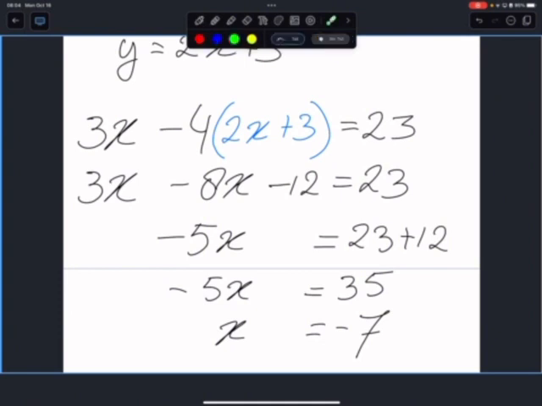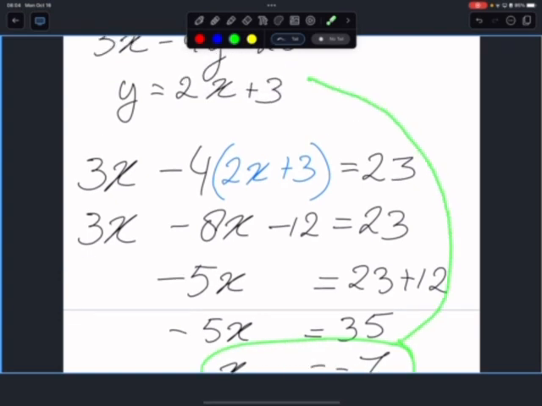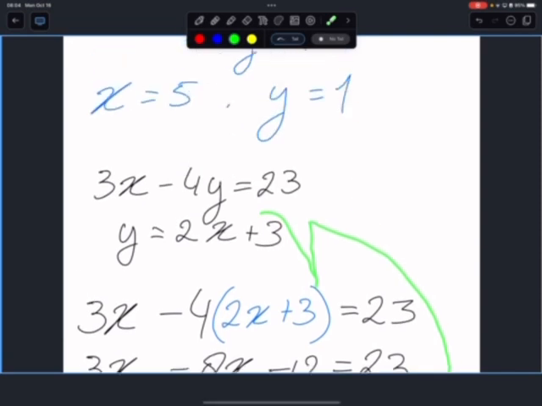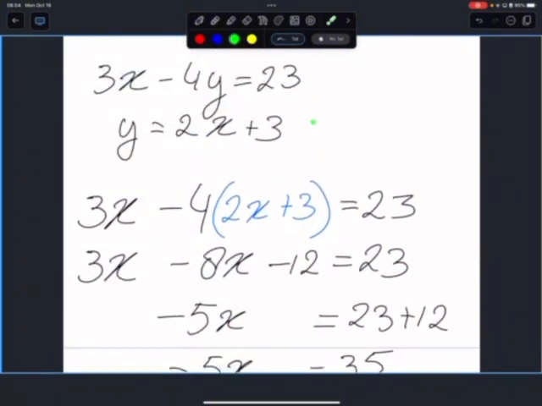Once I have my answer, you do the exact same thing once again. Place your answer in one of the two equations, either this or that. It's all the same. I naturally will take the easier one, which is 2x plus 3.